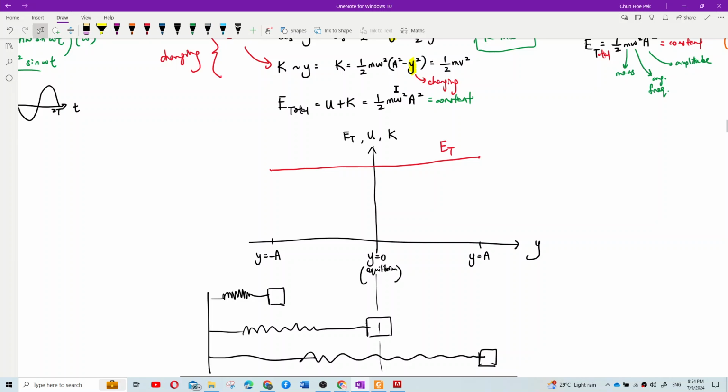The value is the total energy, half m omega square a square. Here this is the amplitude. Here also amplitude, but negative amplitude.